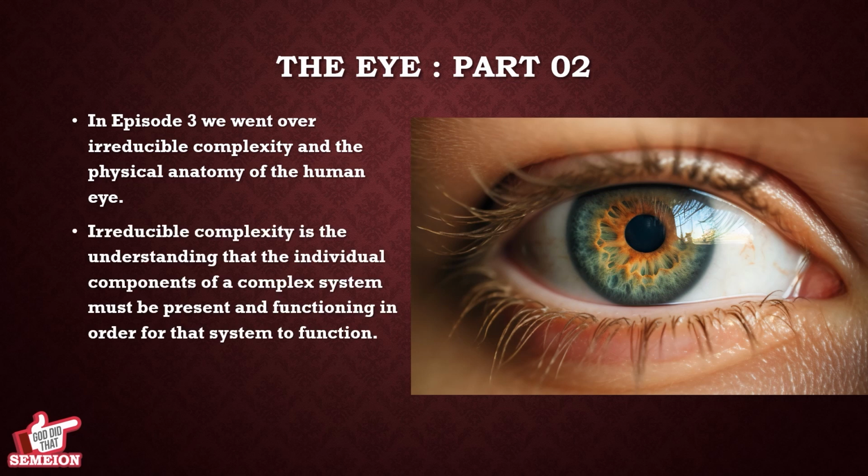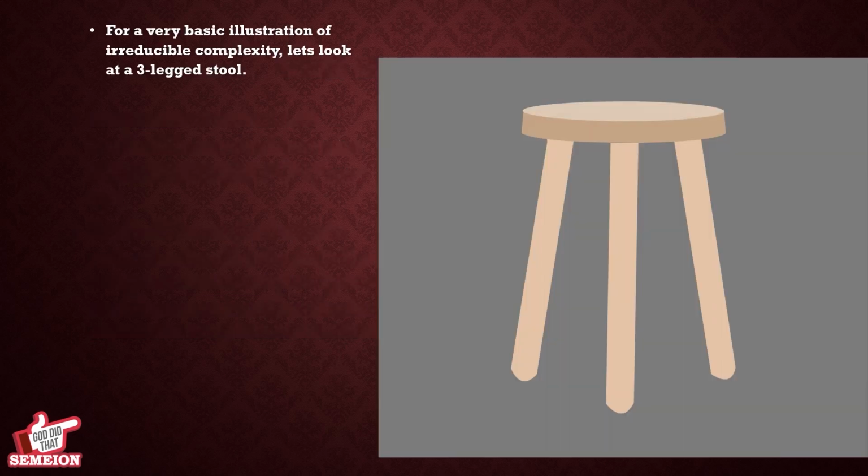Irreducible complexity is the understanding that the individual components of a complex system must be present and functioning in order for that system to function. For a very basic illustration of irreducible complexity, let's look at a three-legged stool. This stool consists of 4 parts in total, 3 legs and 1 seat.